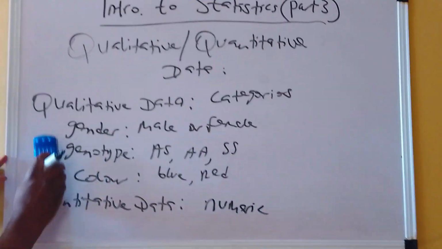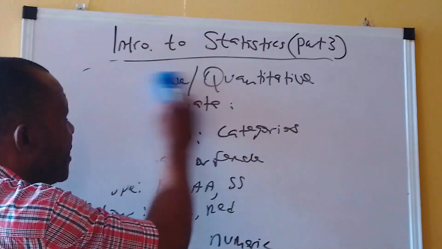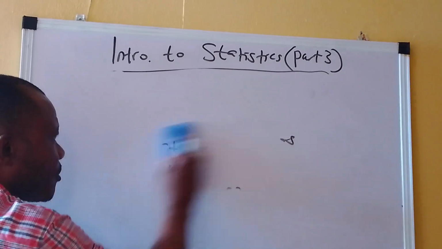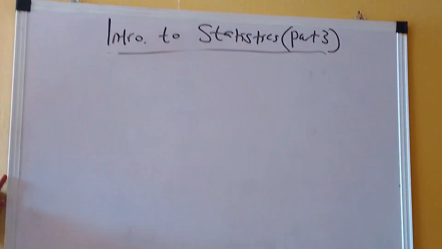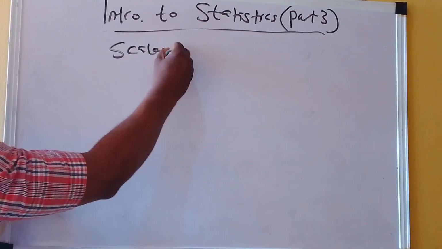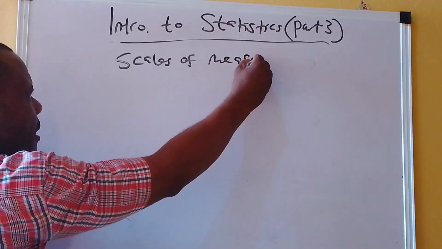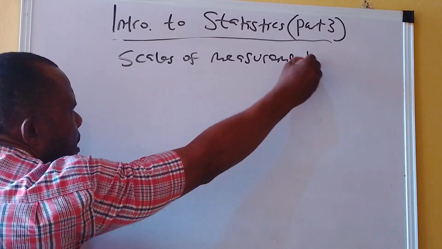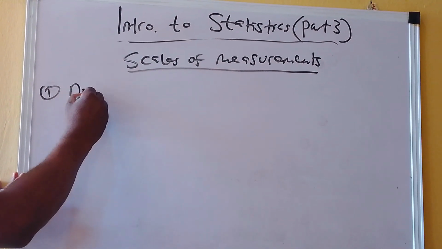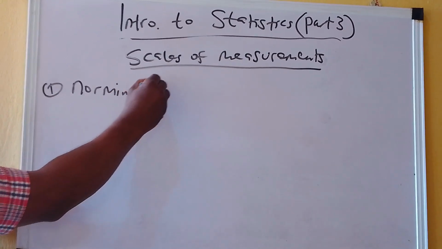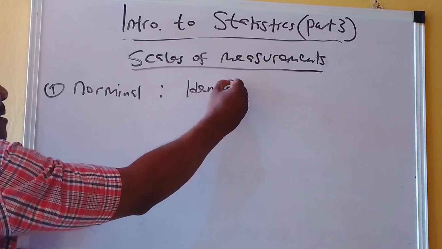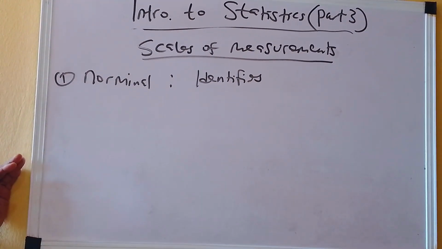Now this will lead us to scales in measurement, or what we call scales of measurement. There are 4 scales. Number 1 is the nominal. The nominal scale only identifies or categorizes.